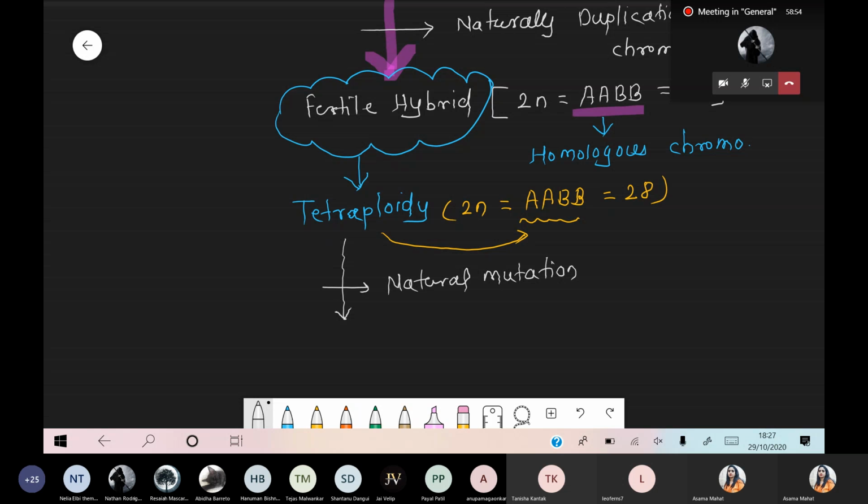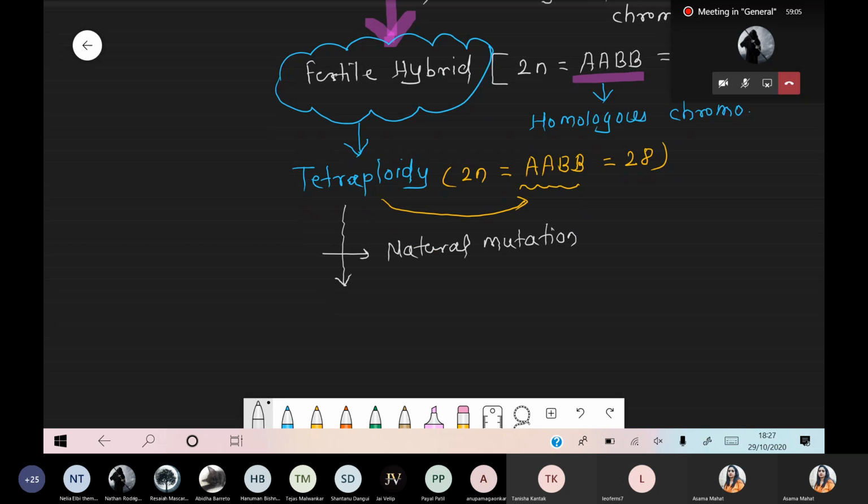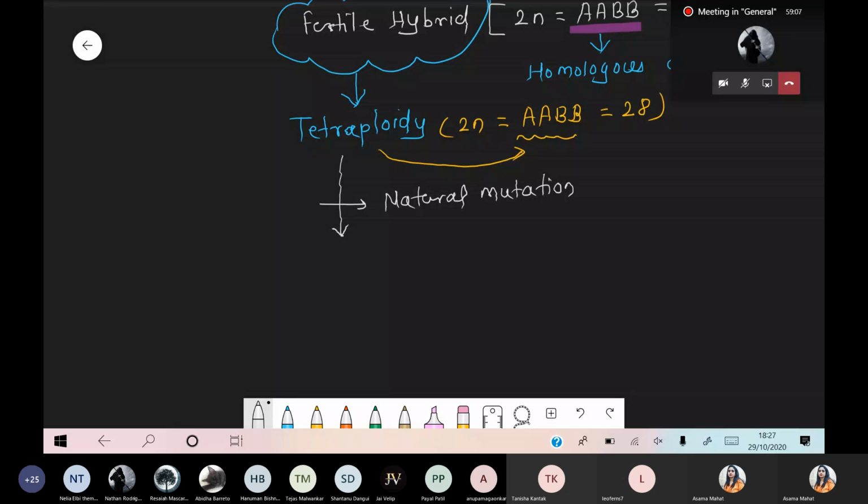See, homologous partner is present, tetraploid form is formed. Now they form the fertile hybrid, right? But now what happened? Eventually they undergo the natural mutation. And after the natural mutation, there is a formation of a very, very specific species of the wheat variety, that is Triticum durum.